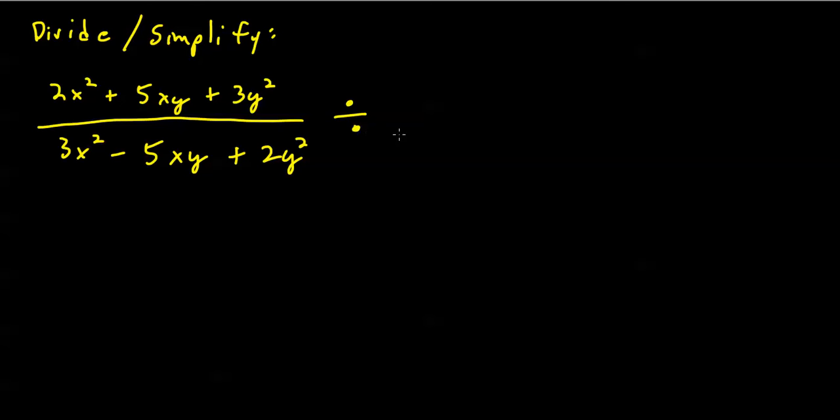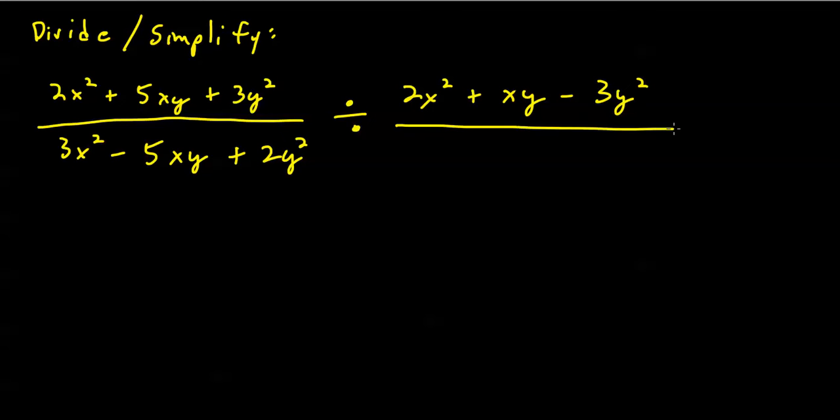Okay, it's a division. 2x squared plus xy minus 3y squared divided by 3x squared minus 5xy plus 2y squared.